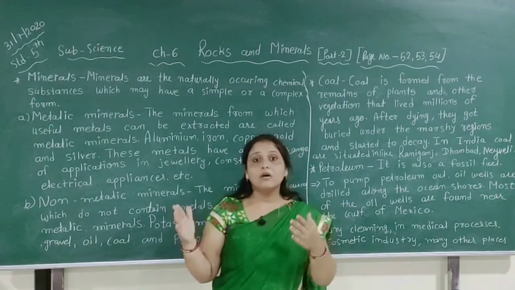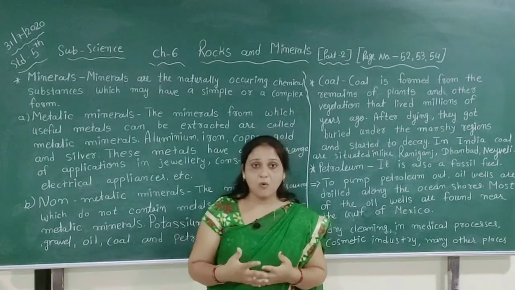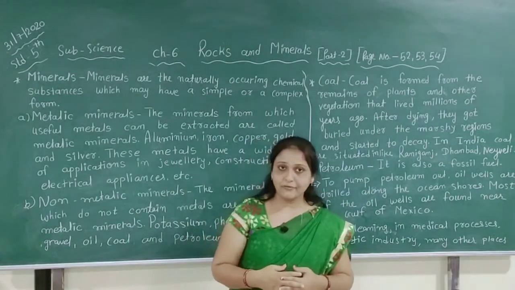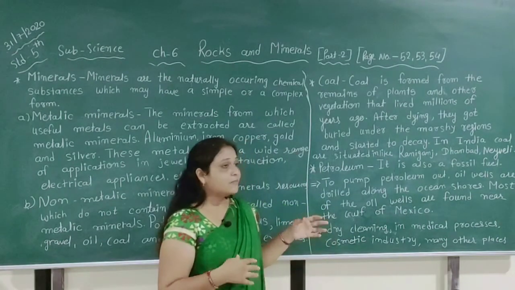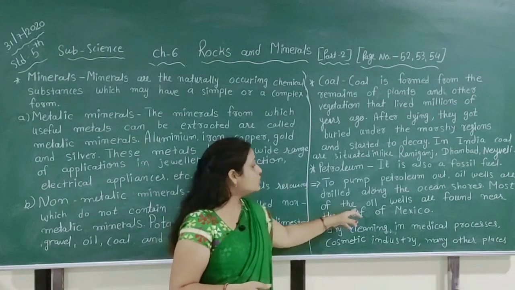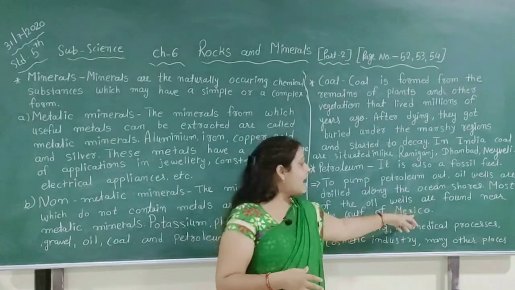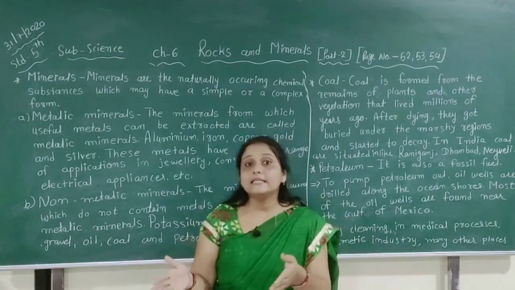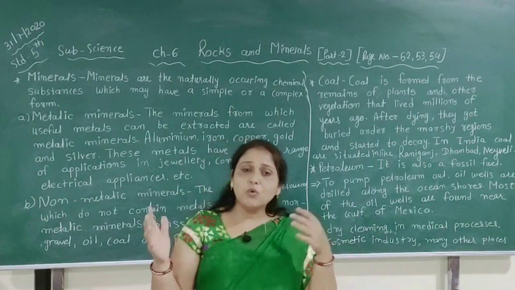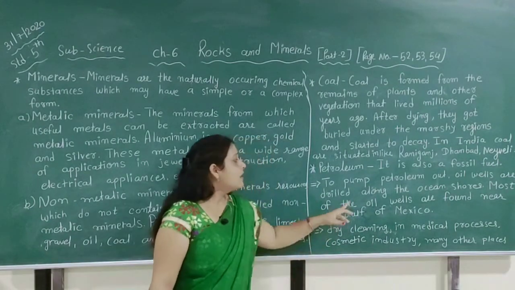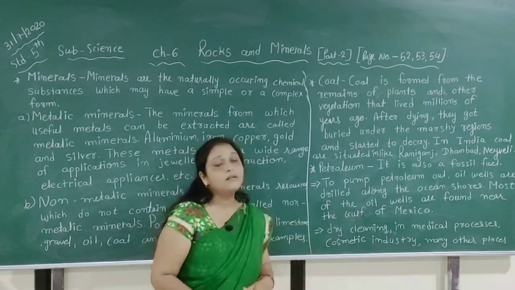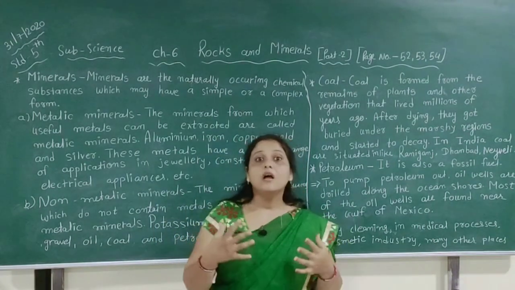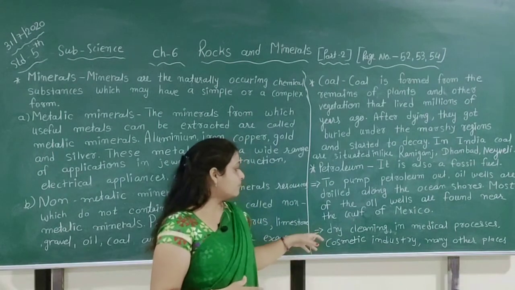That means in areas where petroleum is available, they can use a pump to take out the petrol from inside the areas. Most of the oil wells are found near the Gulf of Mexico. They pump out the oil from under the surface of the area.